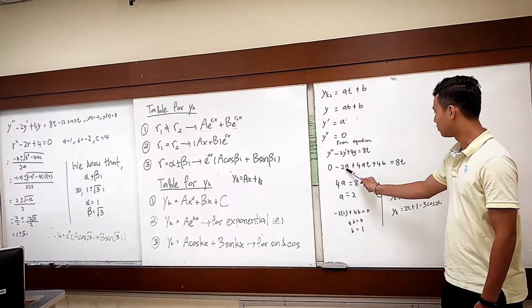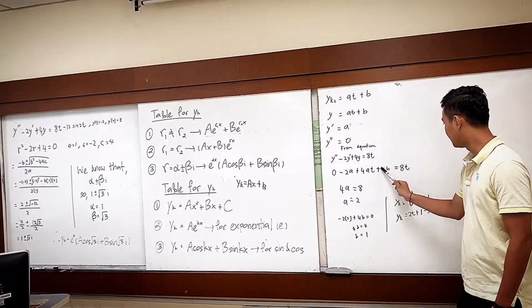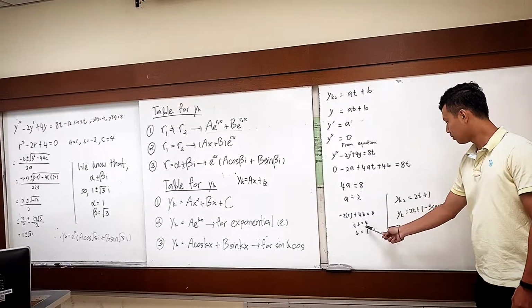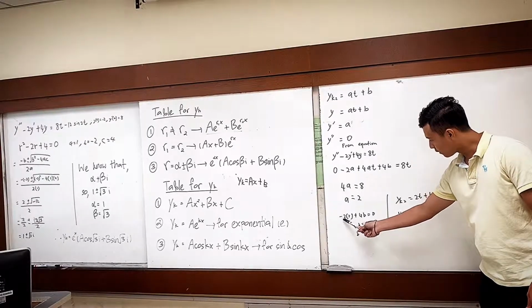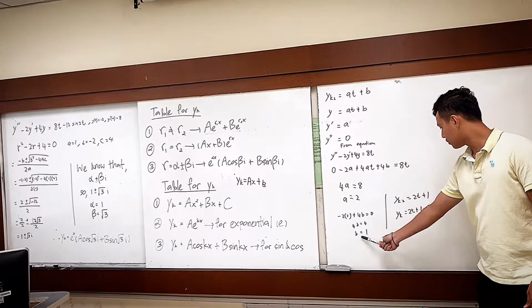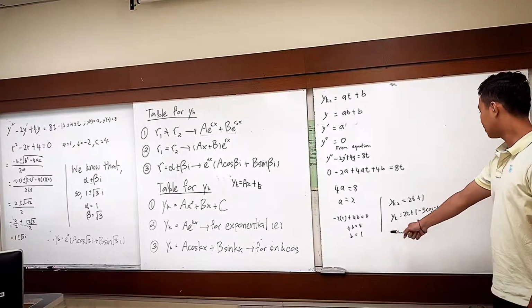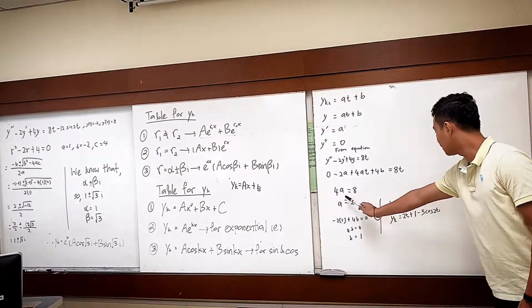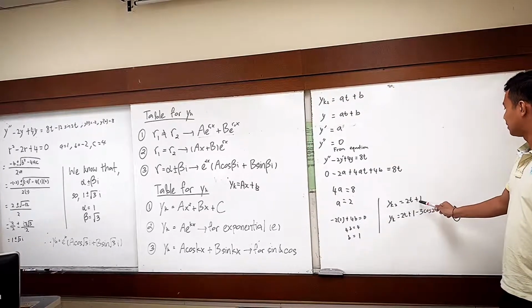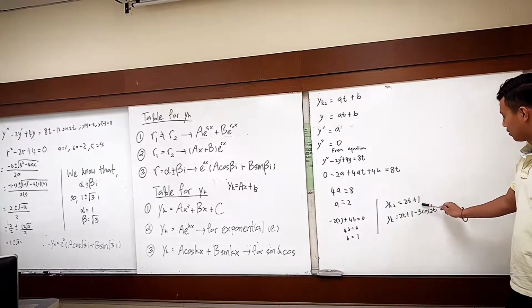We substitute a equals 2 into here: negative 2a, so negative 4, plus 4b equals 0. So 4b equals 4, and b equals 1. So YK2 equals 2t plus 1.